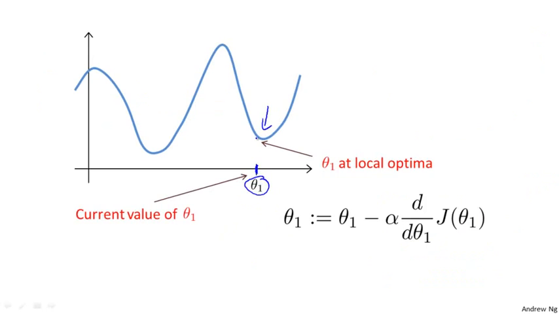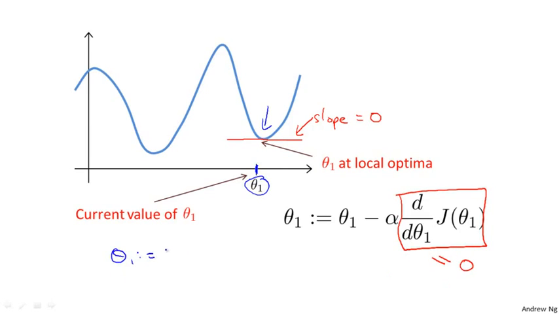the local minimum. It turns out at the local optimum, your derivative will be equal to 0. So let's look at that slope, right? It's that tangent point. So the slope of this line will be equal to 0, and thus this derivative term is equal to 0. And so in your gradient descent update, you have theta 1 gets updated as theta 1 minus alpha times 0.